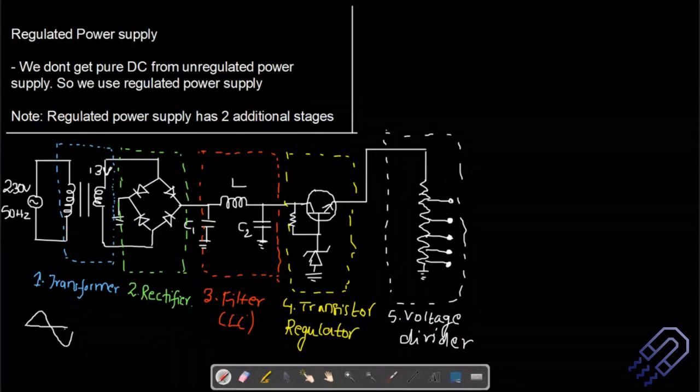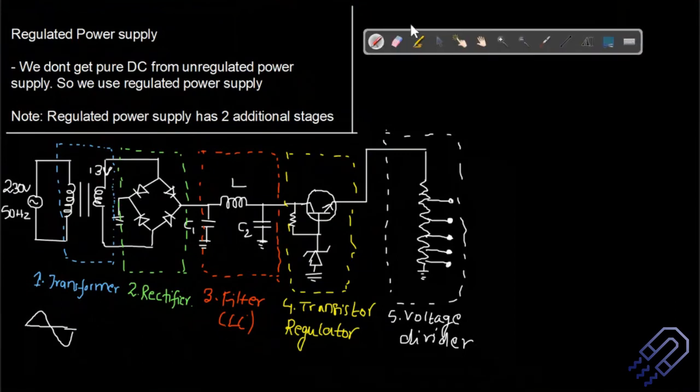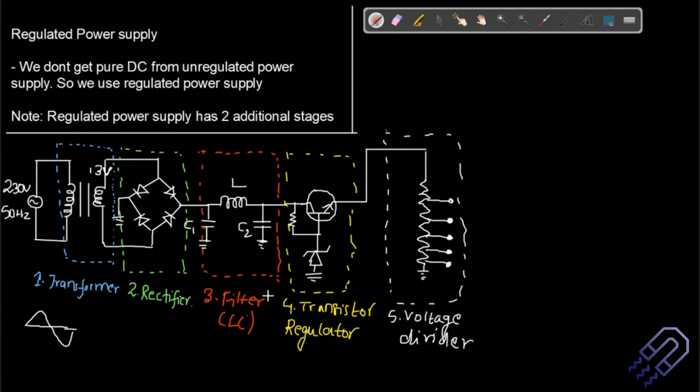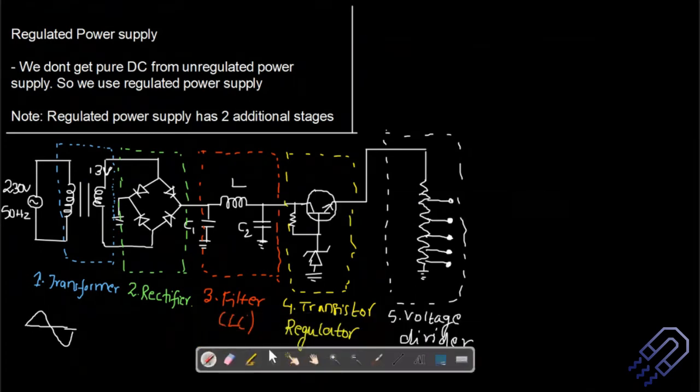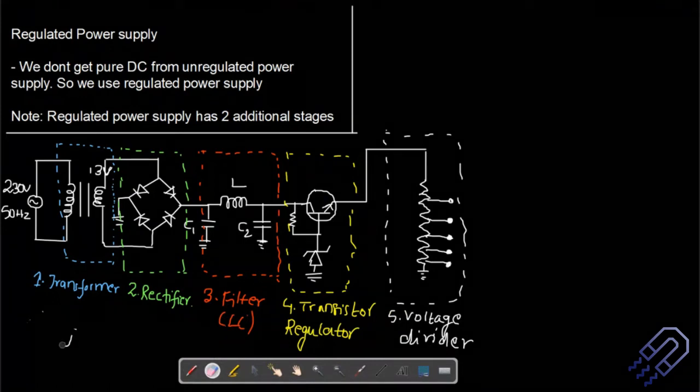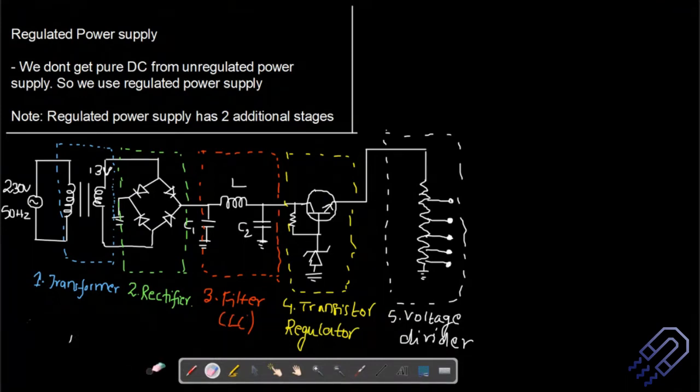So you have it here, right? Probably I can draw the different circuits here. Maybe I can take a different table here, it's very easy for you to understand. We have the transformer, and then we have the AC signal from that transformer.